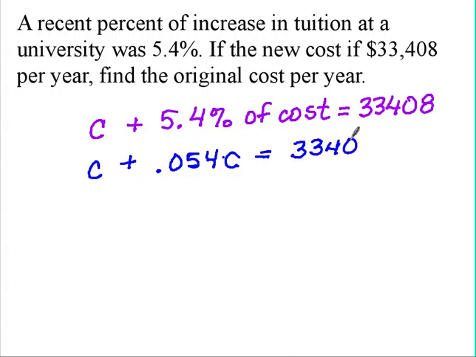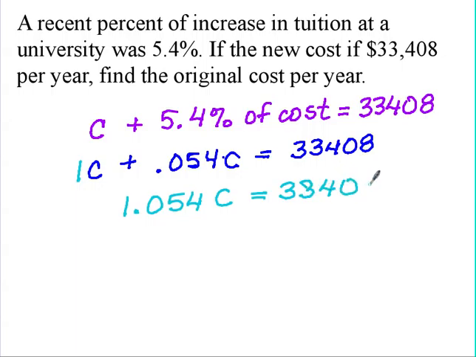So now in looking at that, on the left side, notice here, I have 1C plus 0.054C. So what is that going to be? 1.054C equals 33,408. Oops, that's supposed to be 33,408. For some reason, the pen skipped a little bit.